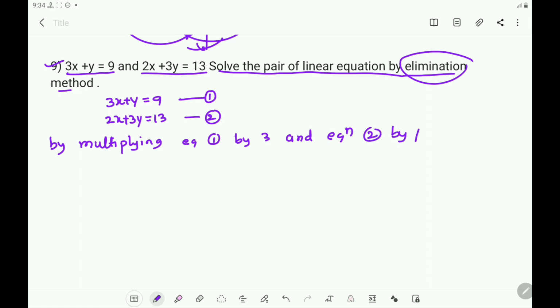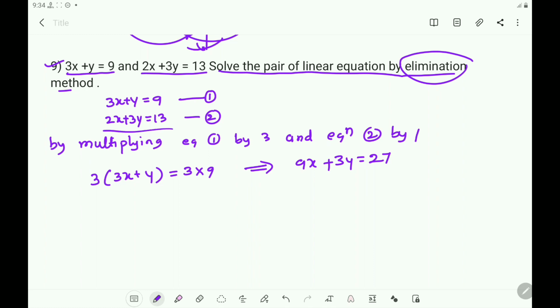So it becomes 3 into (3x plus y) equals 3 into 9. Multiply both 3x plus y and 9, both LHS and RHS, by 3. Then it becomes 9x, 3 into 3 is 9, 9x plus 3 into y is 3y equals 27.